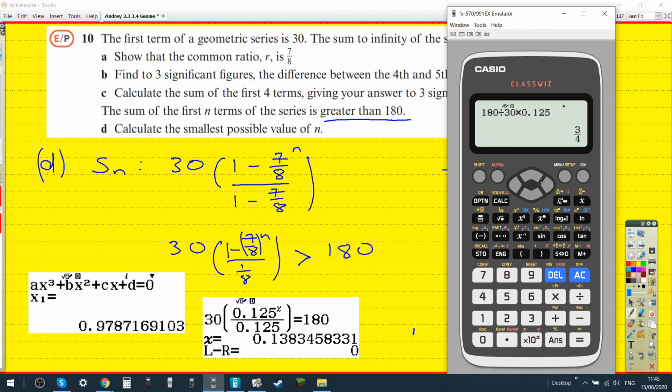Why do I ever not use the calculator? And 7 over 8 is a bit weird, but you could just do 7 over 8 and see what it is as a decimal.